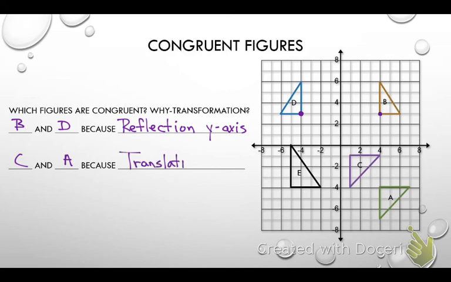And how do I figure out how many? I have to, again, identify my corresponding points. You heard me say that yesterday. So pick your corresponding points and count. 1, 2, 3, 1, 2, 3. 3 units right, 3 units down. And that's your translation. All right, so that's congruent figures.